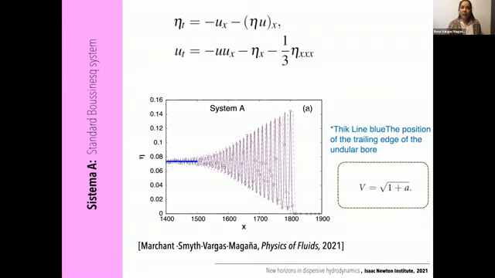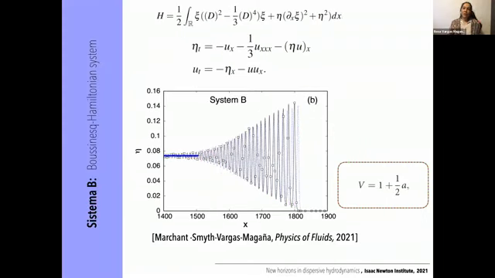This is the standard Boussinesq system. This is the Boussinesq Hamiltonian system. At the top, we can see the Hamiltonian, and this Boussinesq Hamiltonian system has been derived from the Hamiltonian formulation of the water wave problem. Also, they have undular bores of KdV type.